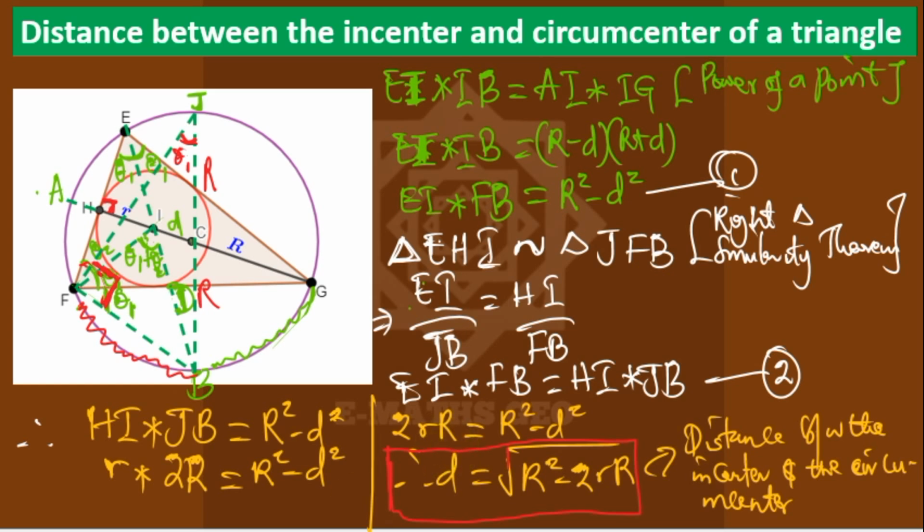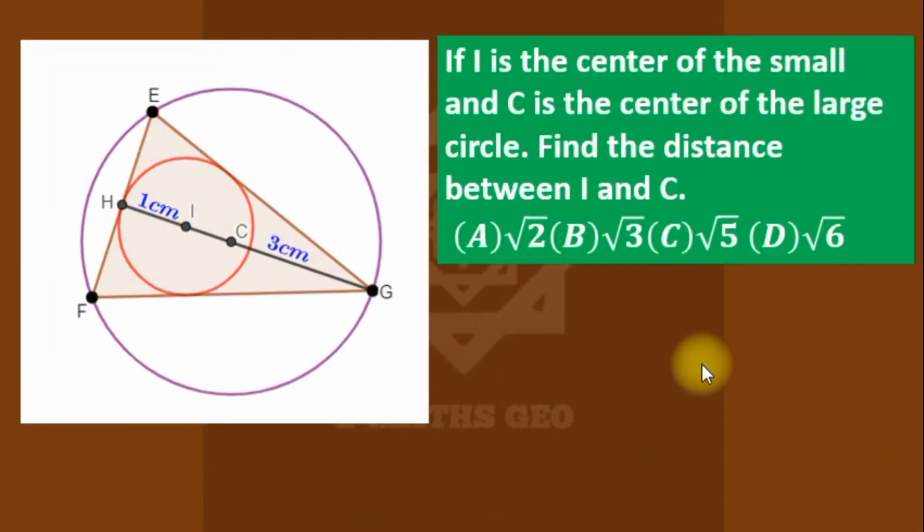So let's look at this question. We're asked, if I is the center of the small circle and C is the center of the large circle, to find the distance between them.